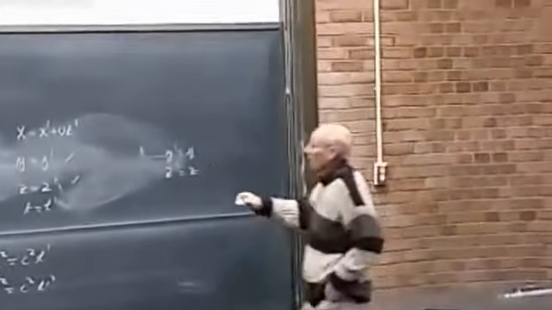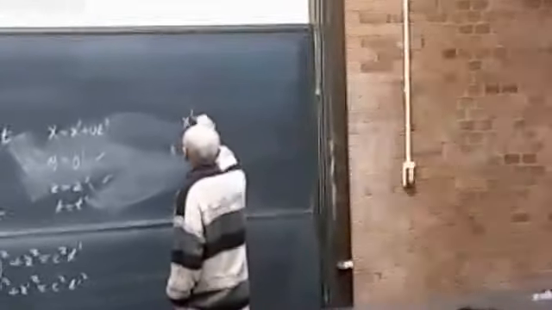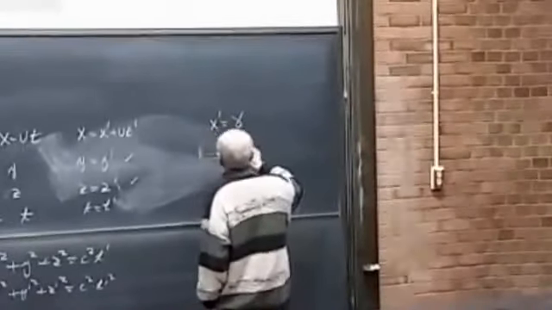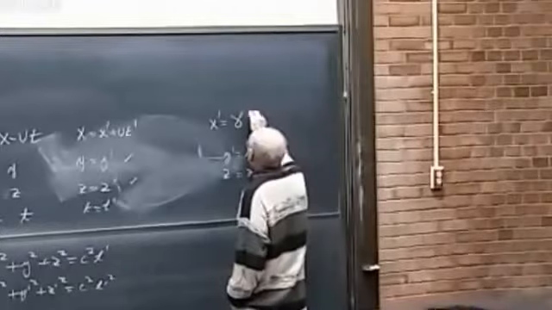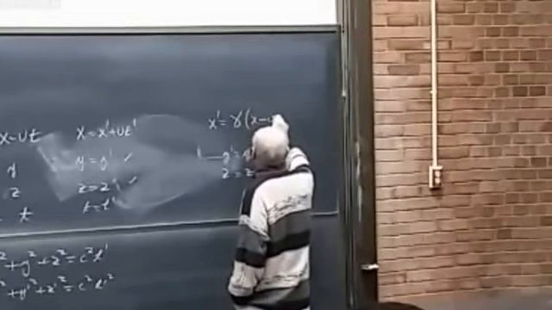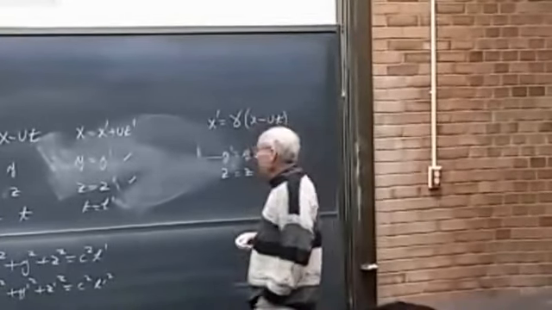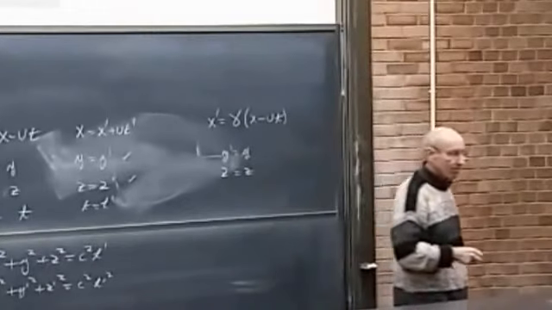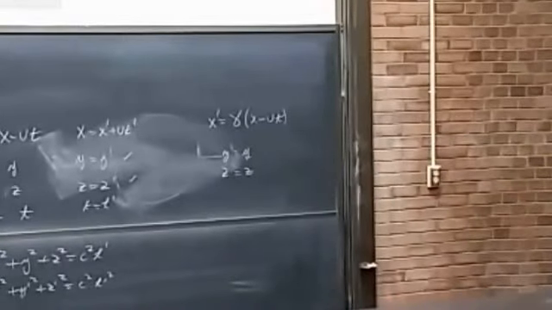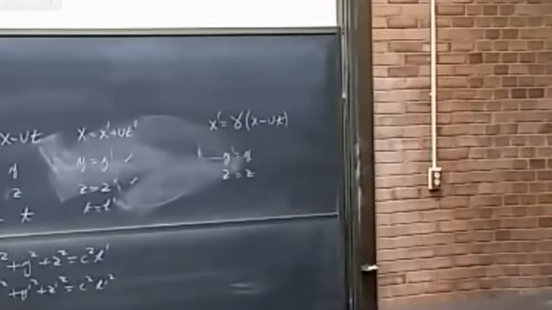So, we're going to guess that x prime is just some function, which we'll have to figure out, times what we would have had before.